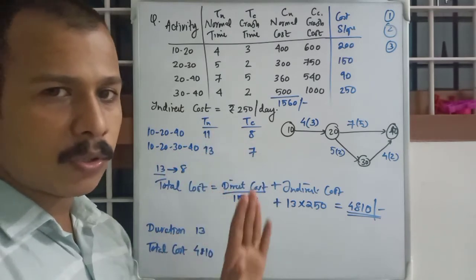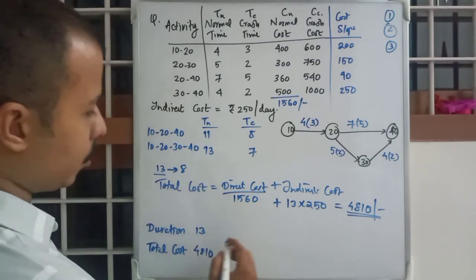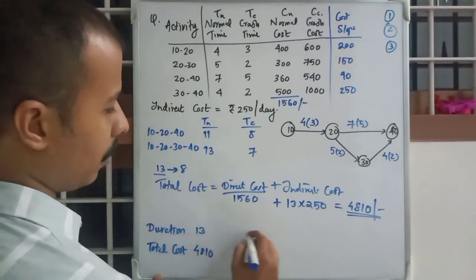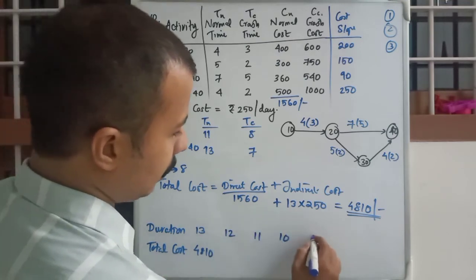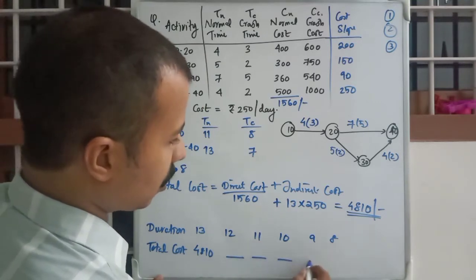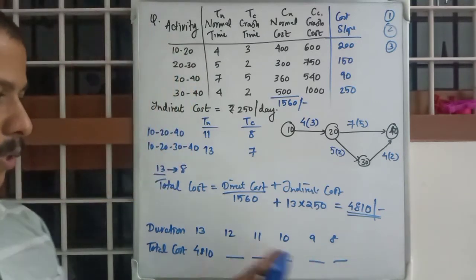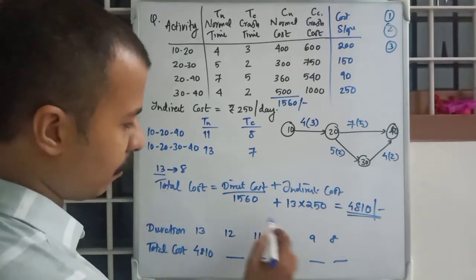Okay. So what you are going to do is take all the total costs corresponding to all these values, 12, 11, 10, 9, 8. You will calculate the total cost corresponding to all these durations, and we will take the minimum of these.